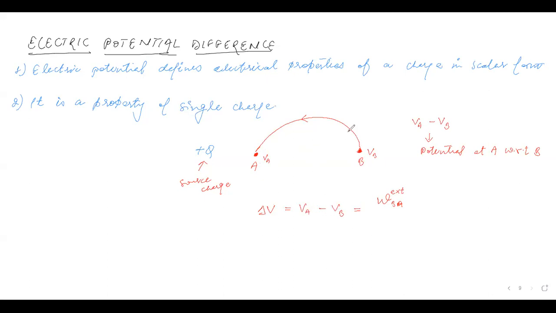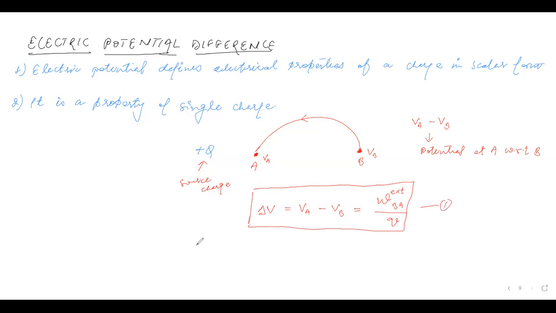And this charge is carried from point B to point A by external effort. So we can write here W of BA external over Q. This is your first equation of electric potential difference.